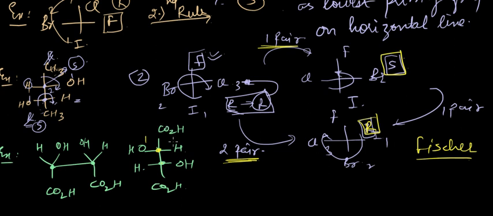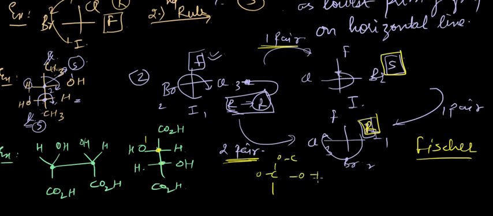Okay, so in this case, if you just draw the CO2H structure and break it, it would be something like this. Let me erase this first. Okay, I have sufficient space here only. So you have COC.